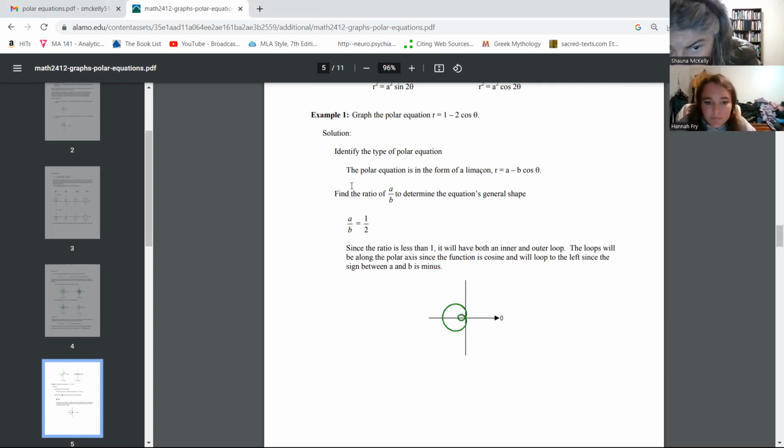And so the easiest way to do this, not the only way, but the easiest way, is to look at the ratio of your number here with the coefficient of your trig function.